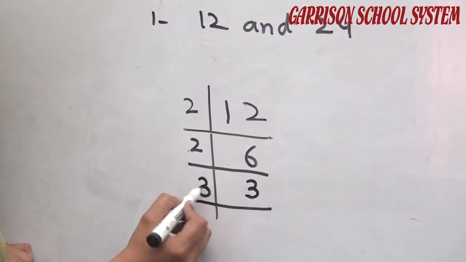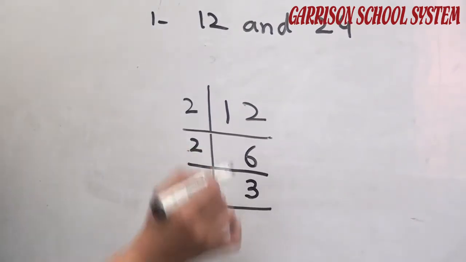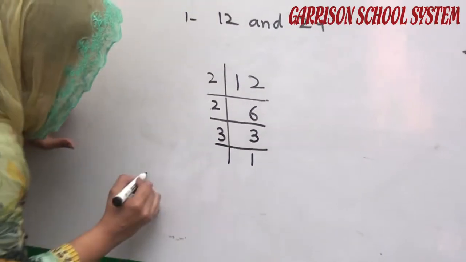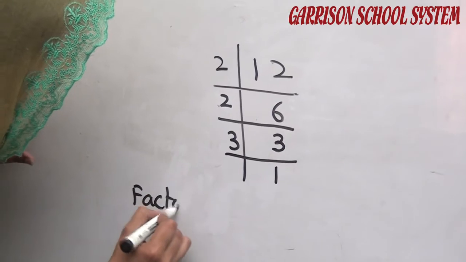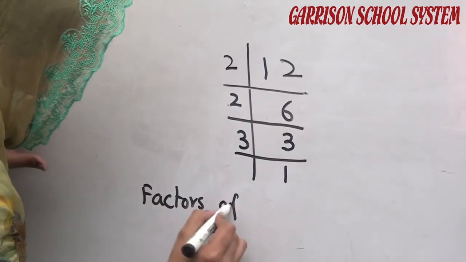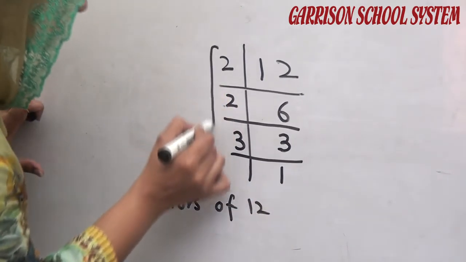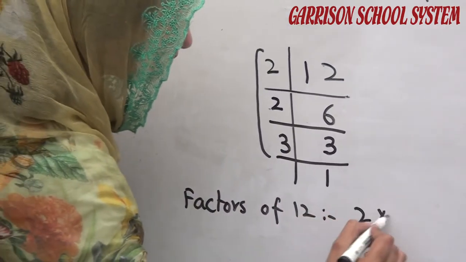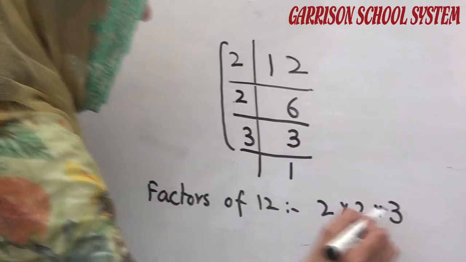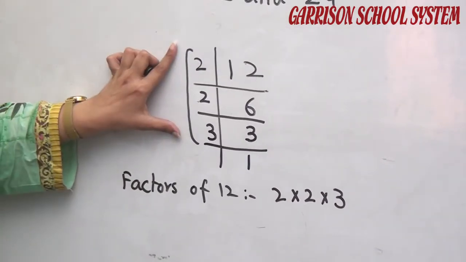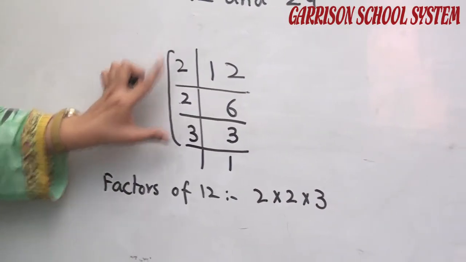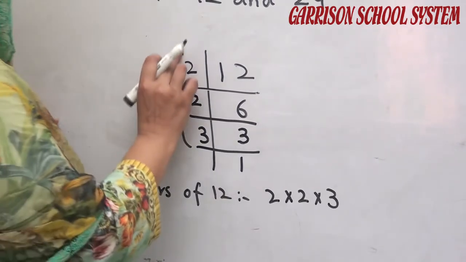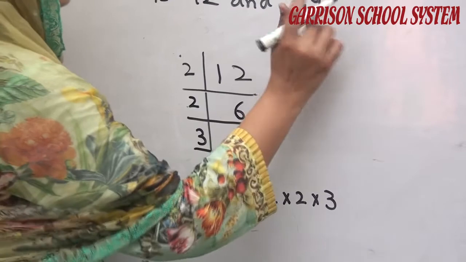The smallest number which divides 12 is 2. 2 sixes are 12. Now 6: 2 threes are 6. Again, 3 is the smallest number which divides it. So we can write here the factors of 12. These are the factors of 12: 2 multiply 2 multiply 3. So in this way we can find the factors of 12.